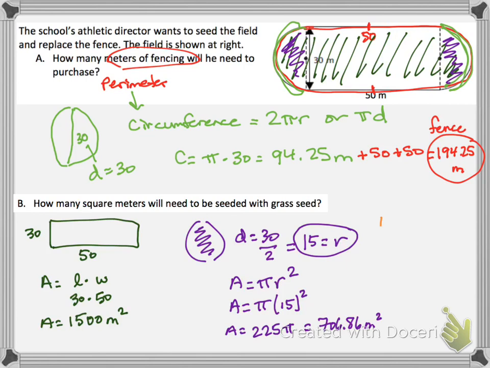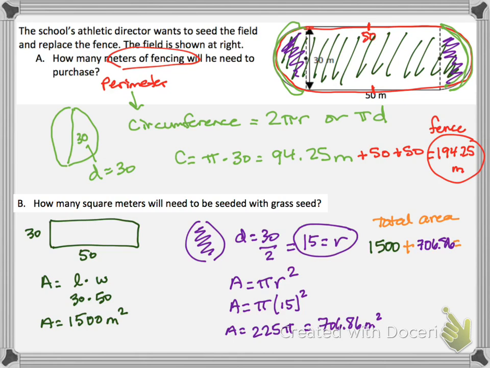So my total area is where I'm going to add those two things. I have my 1,500 and I have my 706.86.